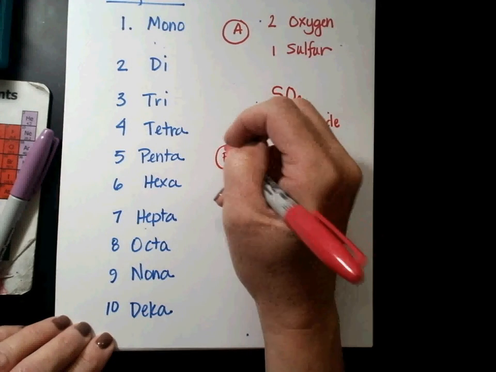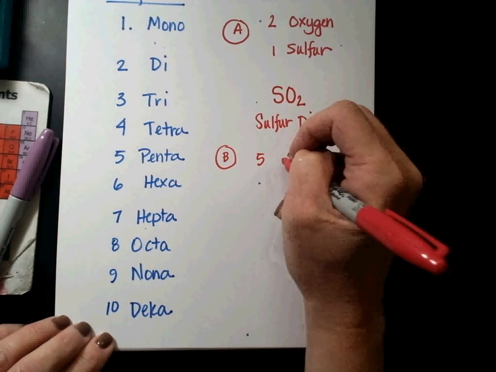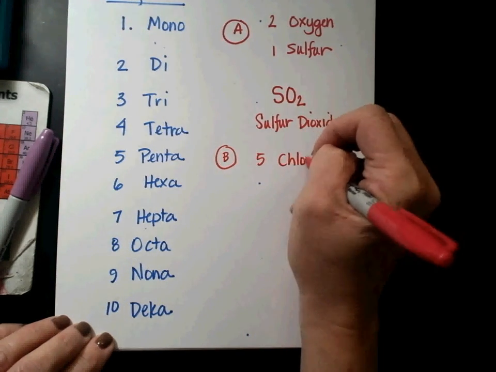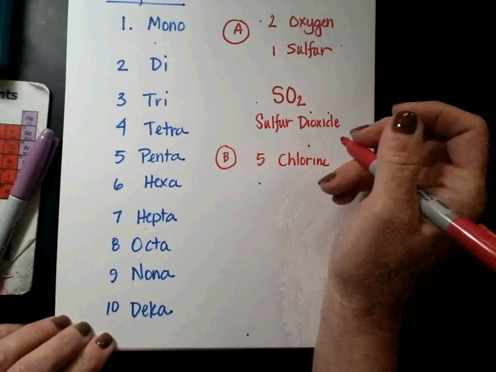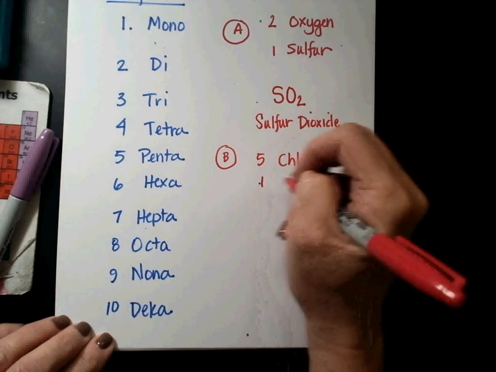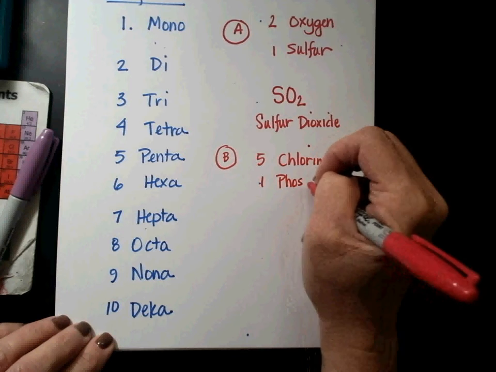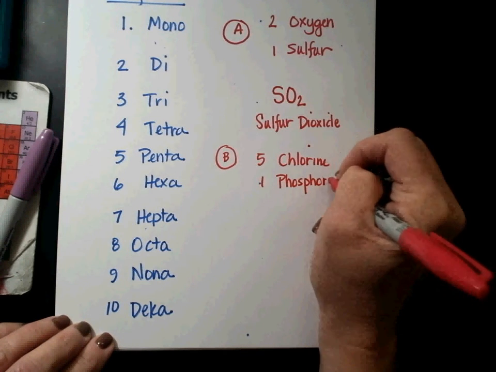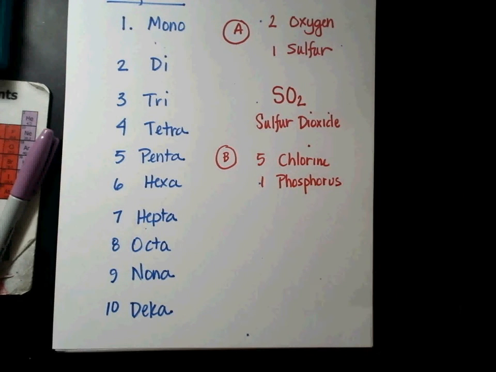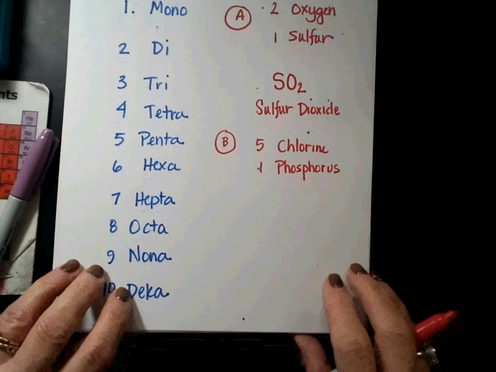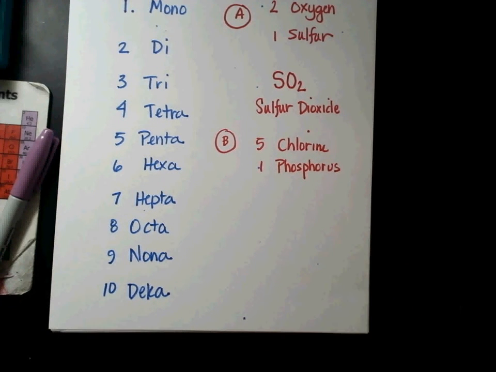All right, now you try this one. Say we have 5 chlorine and 1 phosphorus. See what you can do with that.